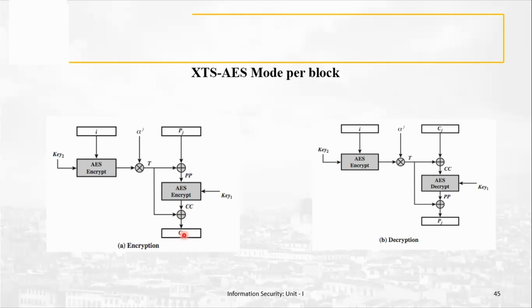This is a per block encryption that we are applying here. There are sub keys which are getting generated at multiple levels, so you have to use multiple keys, then sub keys and all these things, to produce the secured ciphertext.